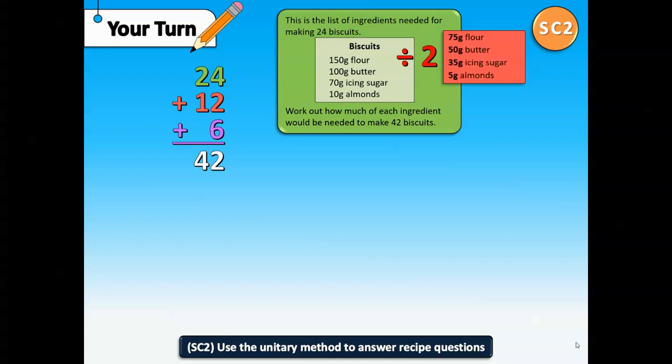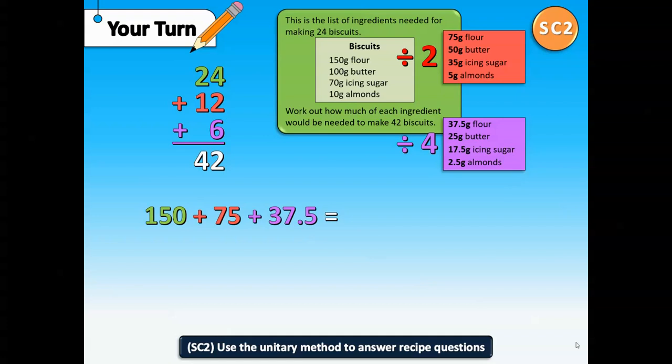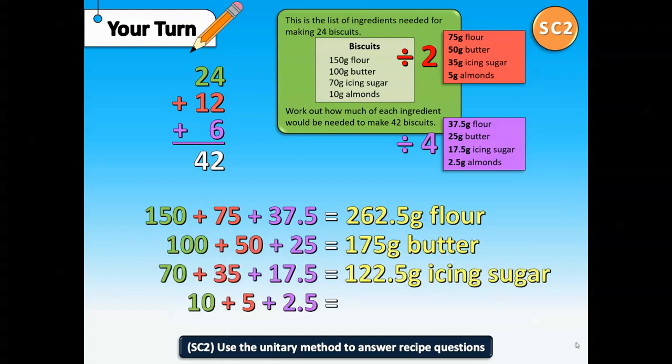So they're the ingredients that we need for 12 biscuits. And for 6 biscuits, we divide everything by 4. And then we can add them together. So there are our answers.